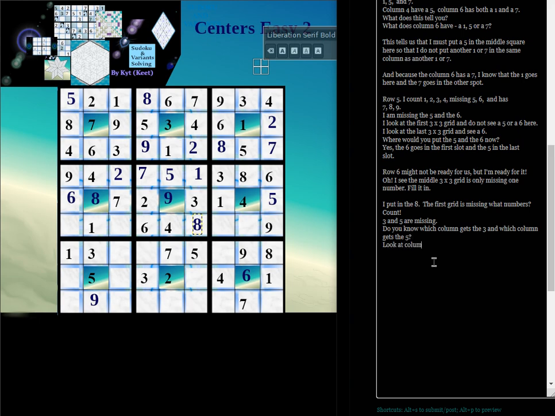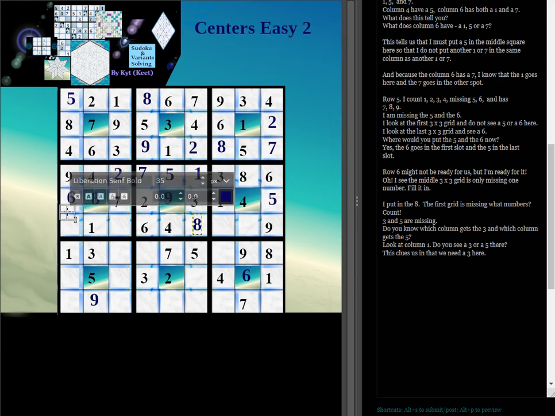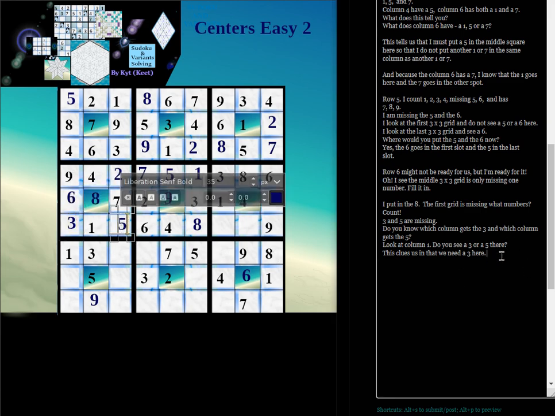Look at column 1. Do you see a 3 or a 5 there? This clues us in that we need a 3 here, and the 5 here.